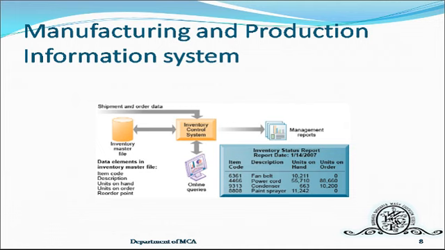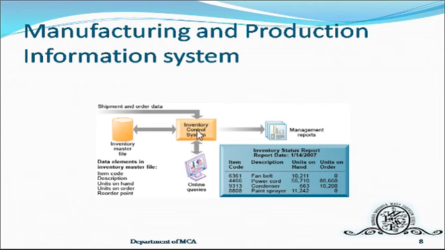The system deals with the planning, development, and production of products and services, and with controlling the flow of production. So, in this screen, you can see the manufacturing and production information system.